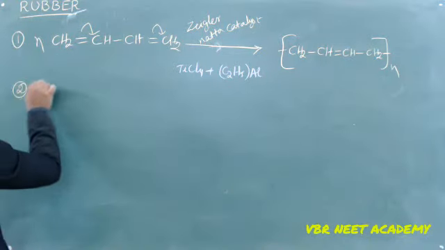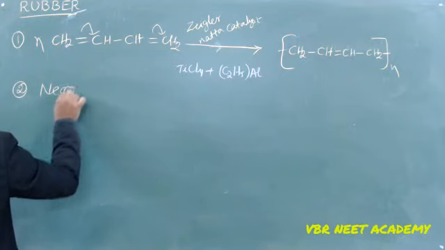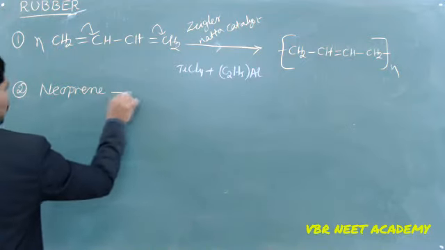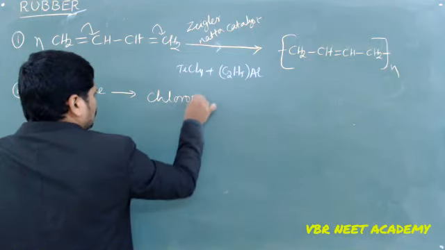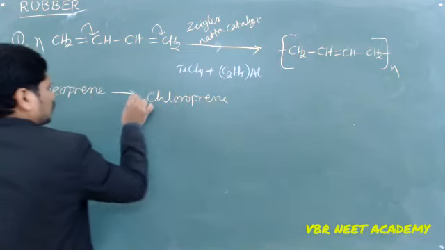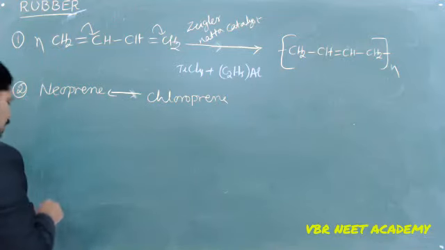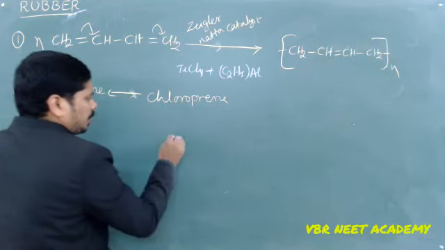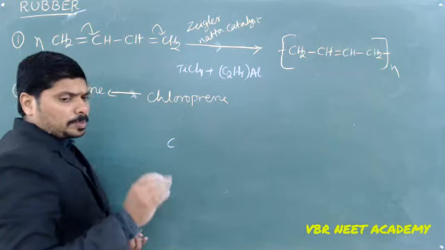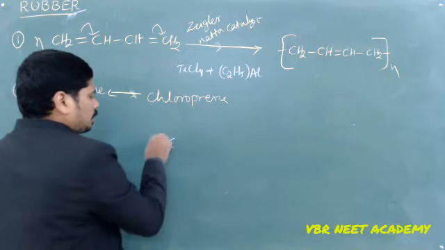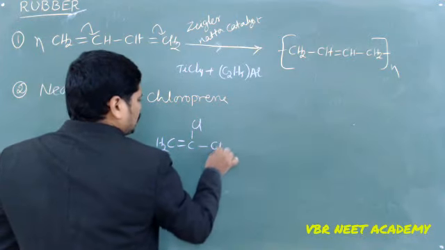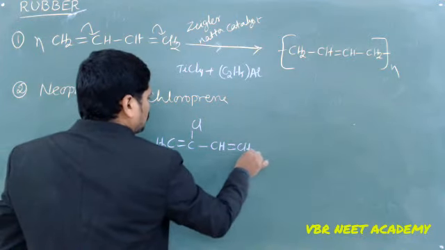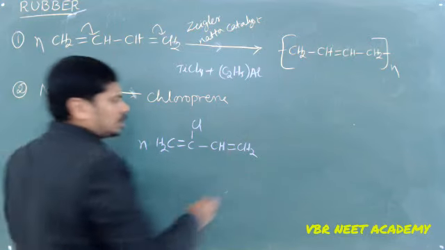Next one we are going to call neoprene. It is very important. The monomer is chloroprene. So this is monomer, this is polymer. When you take chloroprene, it is nothing but isoprene with the methyl group replaced by chlorine. So CH2 double bond CCl, CH double bond CH2. N molecules of this are going to get polymerized.